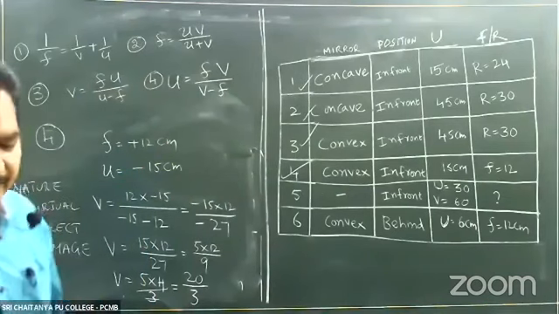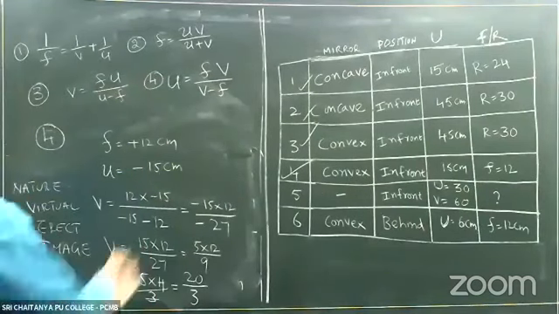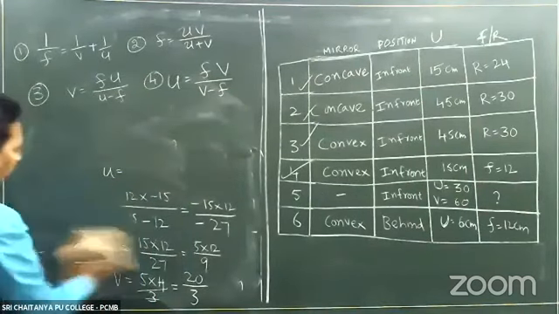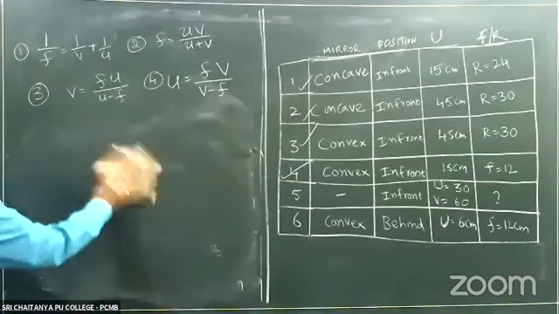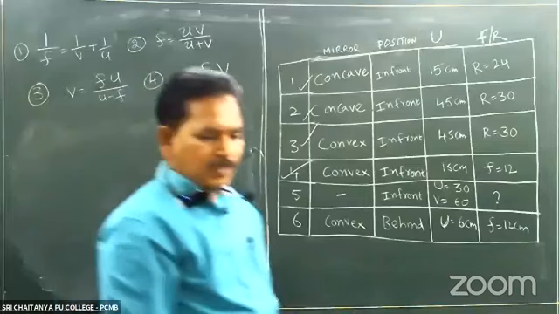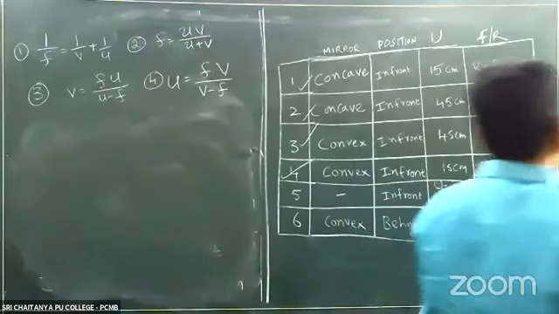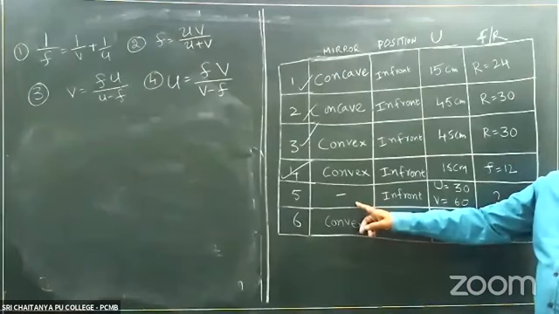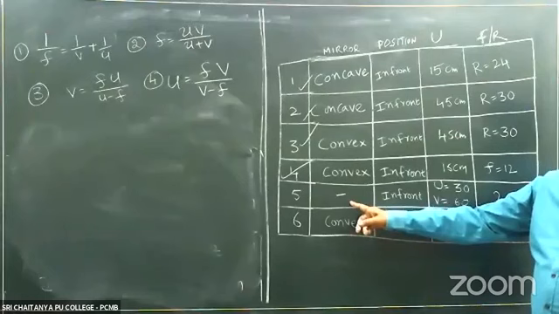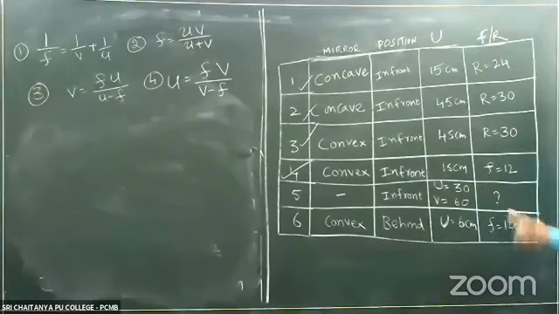Now let us consider problem number 5. If we see the table properly, the nature of the mirror, whether it is convex or concave, I have to identify. And also here, I don't know the focal length.